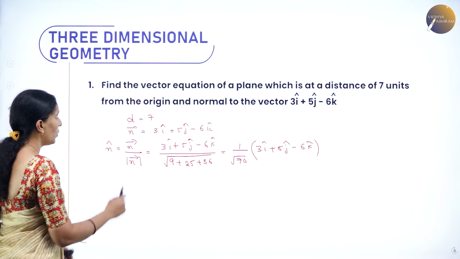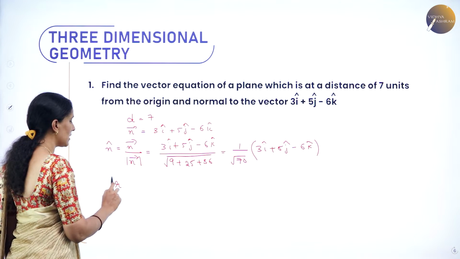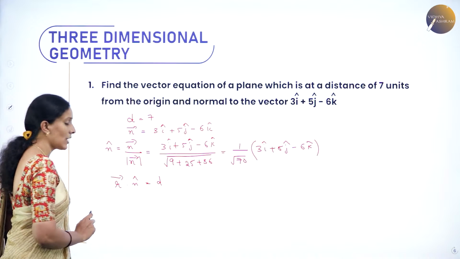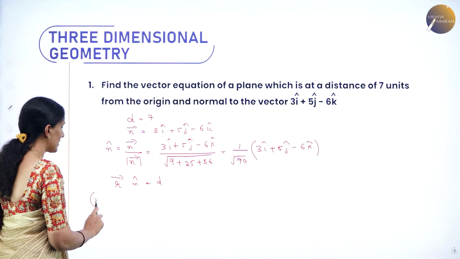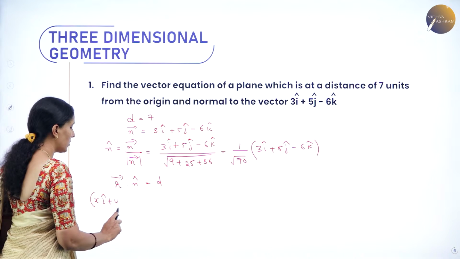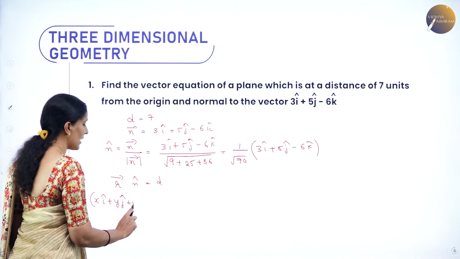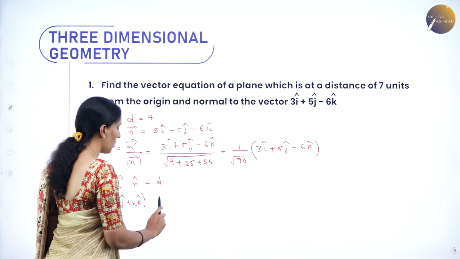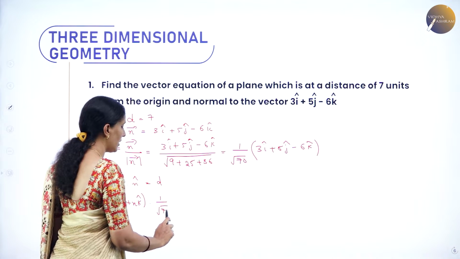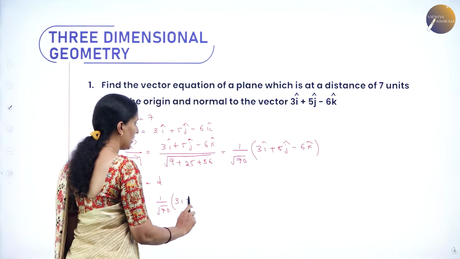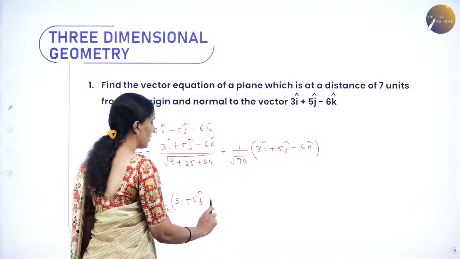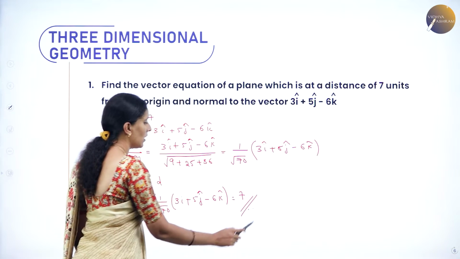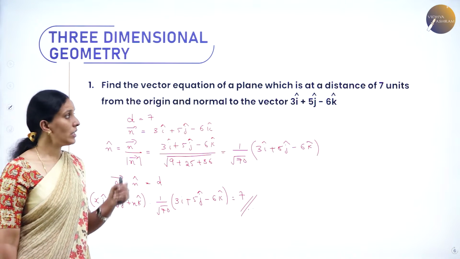Now we know the vector form of the equation of a plane is r dot n cap is equal to d. So r is xi plus yj plus zk, dot 1 by root 70 into 3i plus 5j minus 6k, is equal to 7. This is the vector form of the given plane.